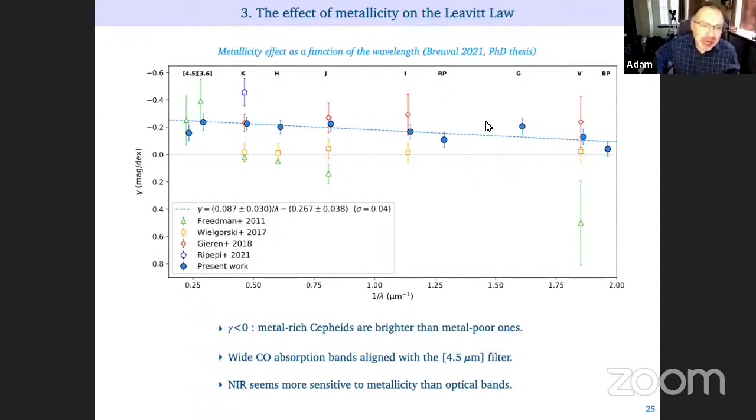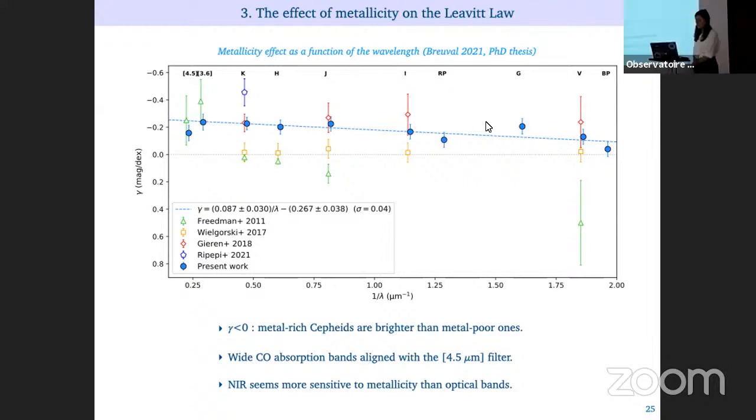So what I want to ask you is to explain, looking at this plot, the green points from Friedman came from measuring only internal to the LMC, and the dispersion of those metallicities is only 0.1. So in the direction of clearing up this difference or discrepancy between your measurements and those with Friedman, particularly in the H band where those errors are very small, how can the errors be so small in those measurements versus your measurements?